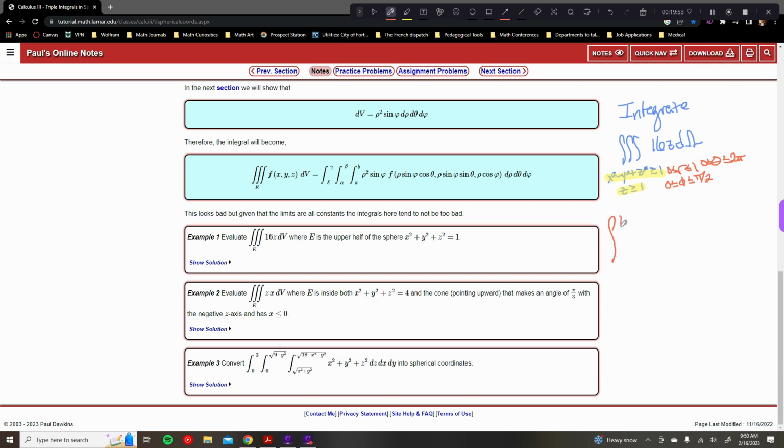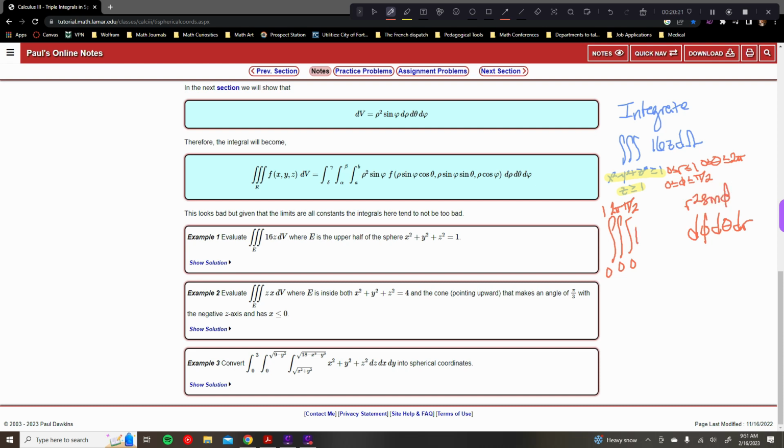So that's where I can find my bounds. And so if I rewrite my integral in terms of, let's say, phi, theta, r, the order doesn't really matter. I know phi goes from 0 to pi over 2, theta goes from 0 to 2 pi, and r goes from 0 to 1. And then I can't forget r squared sine phi.